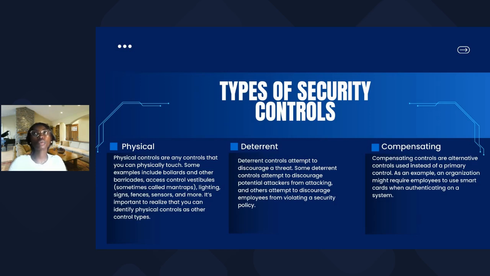Another example of deterrent control can be the physical lock you have for your organization, maybe the lock to your server room. If your server room is without a lock, it's easy for anybody to access it. So where I used to work, we have our server room, right? And we discovered at some point that sometimes we go into the server room and we discover that, oh, somebody has been here, somebody has touched something, somebody has done something.